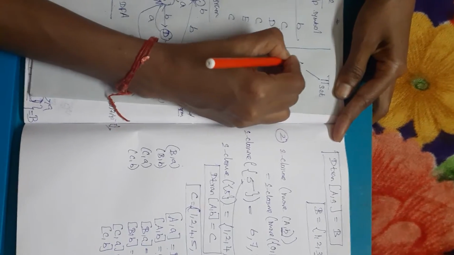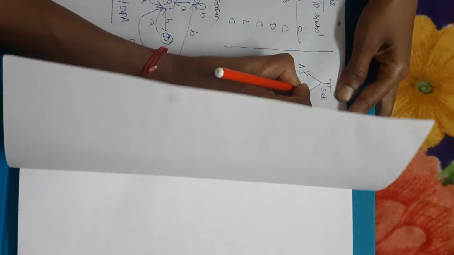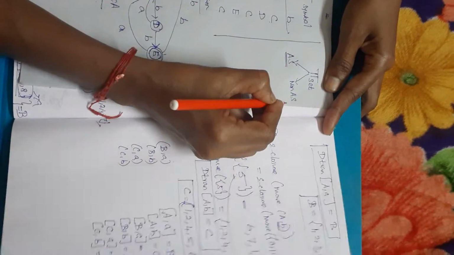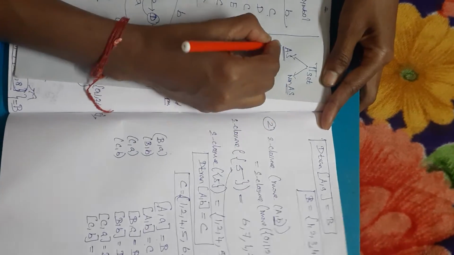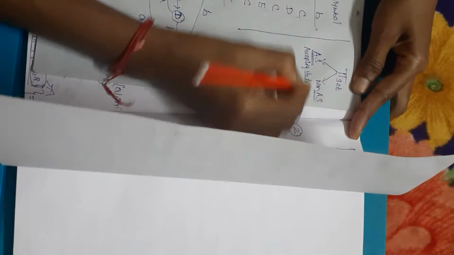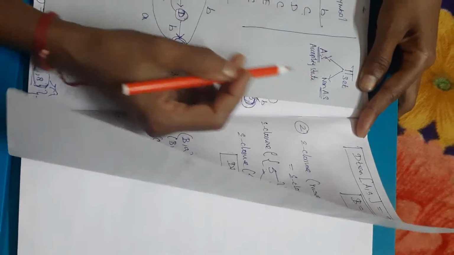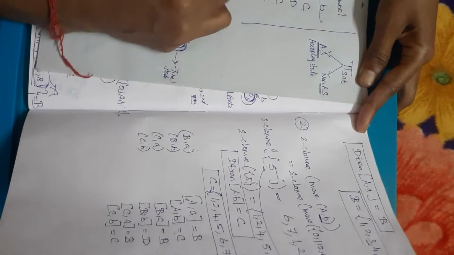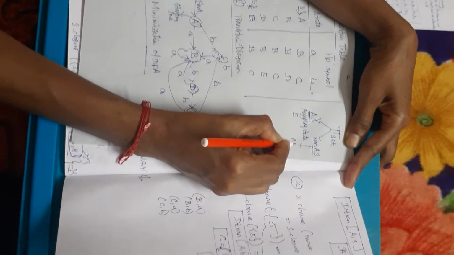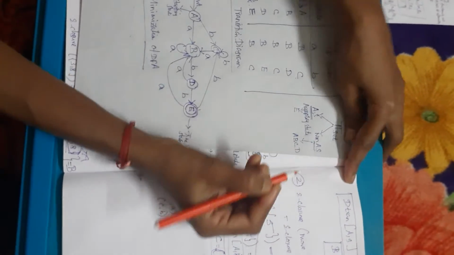One is accepting states, another one is non-accepting states. What is the accepting state here? The accepting state is E. The non-accepting states are A, B, C, D.